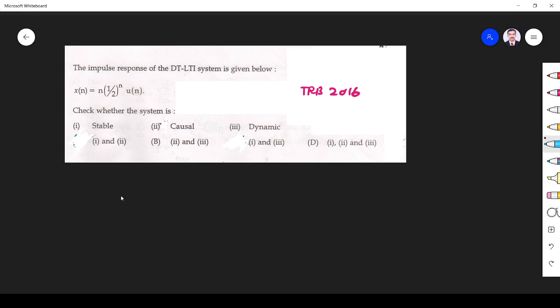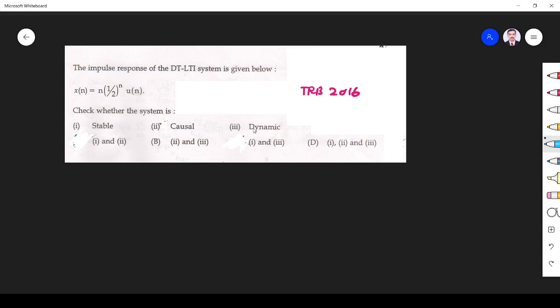If you take the Z transform, the problem will become somewhat easy. In order to check whether it is static or dynamic, static means present output depends on present input. Here the sequence depends only on the input, so it must be a static sequence.